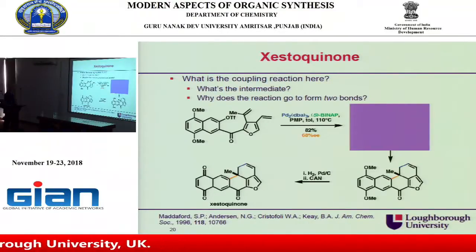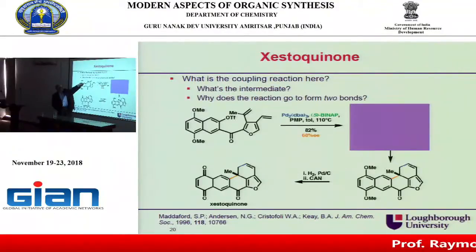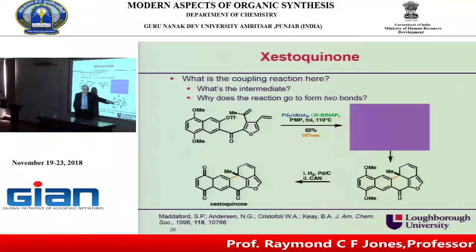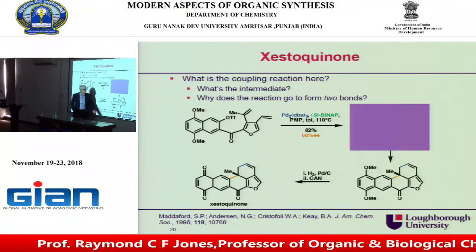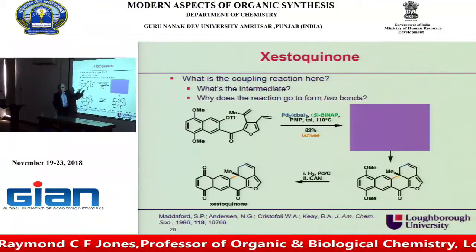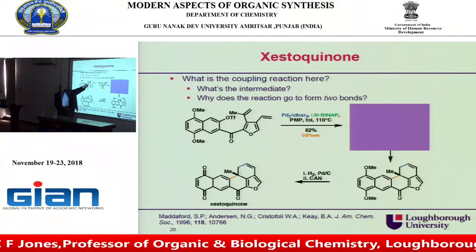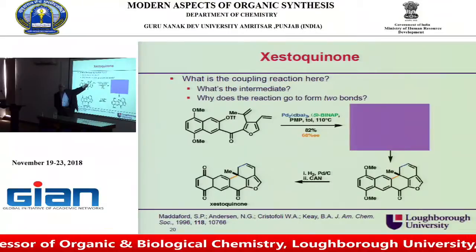If you make a palladium derivative where the triflate was, you know that's going to add to the inside end of the nearest alkene because it forms a bond to where the methyl group is. So you know it's adding to that just by looking at the structure.